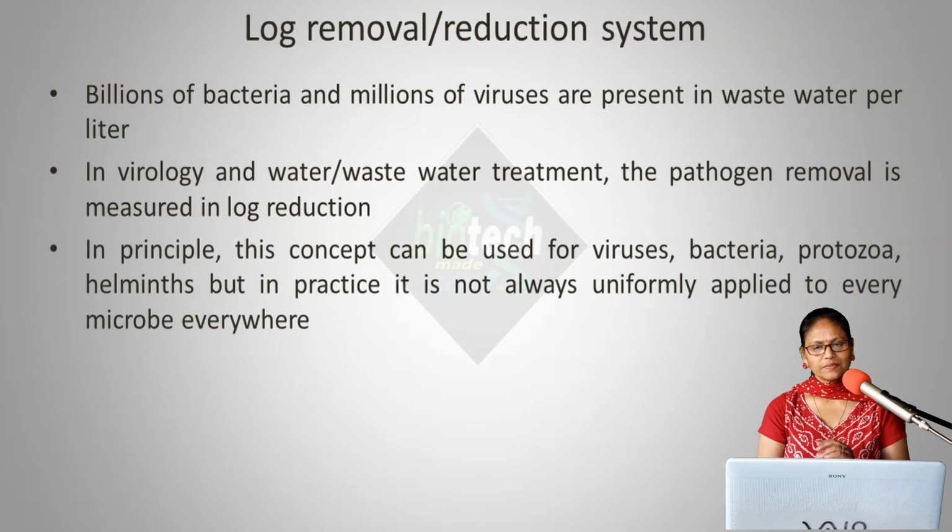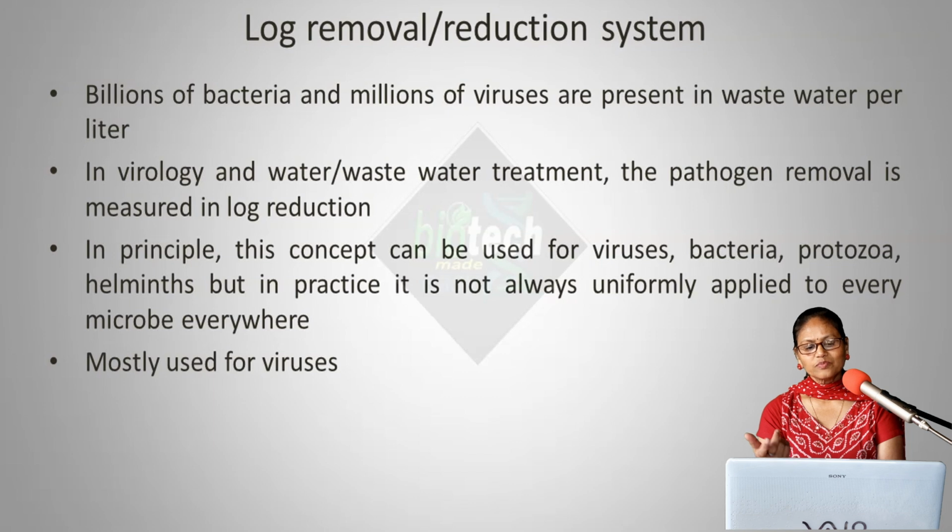In principle, this concept is true for all microorganisms, for helminths, bacteria, protozoa, even for viruses. But in practice, it is not always uniformly applied to every microbe everywhere. So it is mostly used for viruses. Universally, this log removal system is used for viruses.